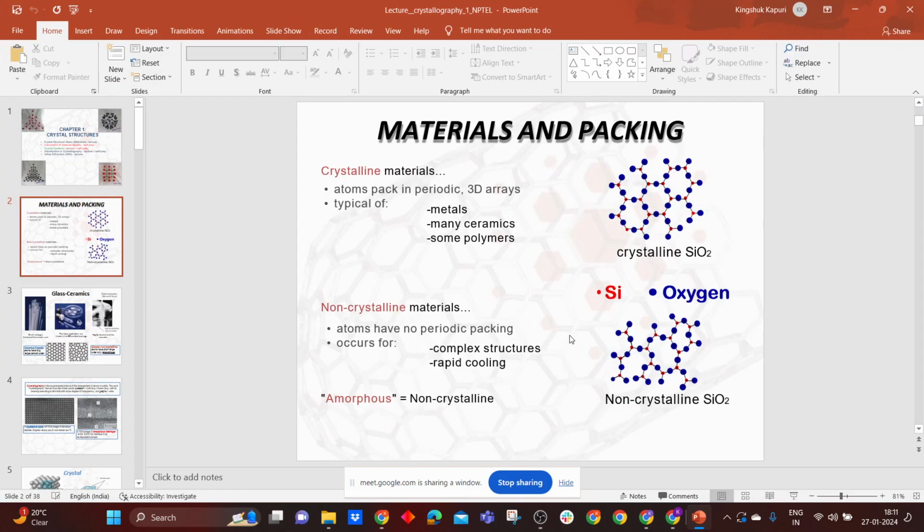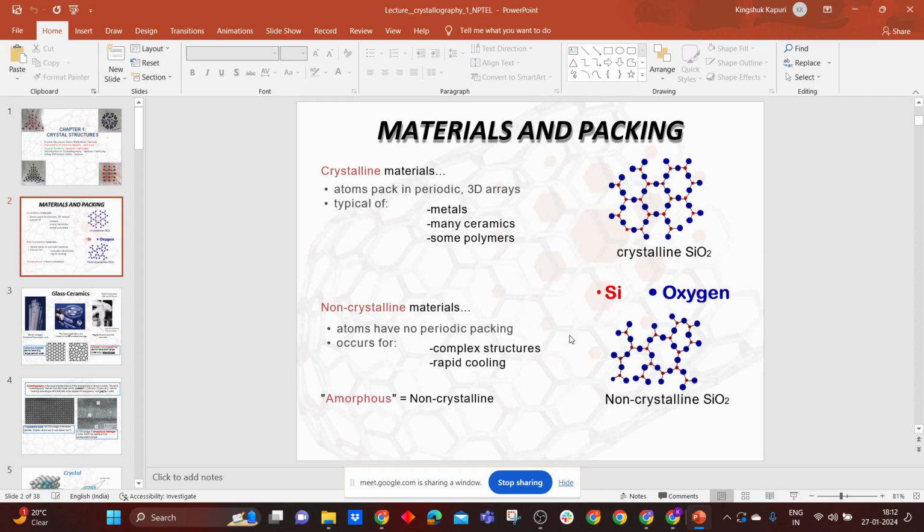One is crystalline and one is non-crystalline. So what is a crystalline substance? A crystalline substance is one where the packing of the atoms is in a periodic arrangement, or you can say it is an array. Crystalline materials are metals, polymers, or even ceramics.